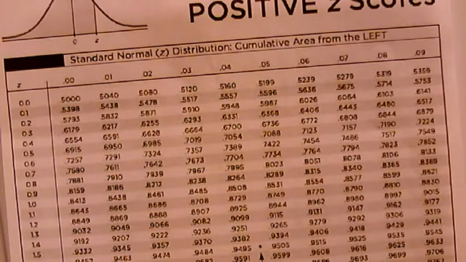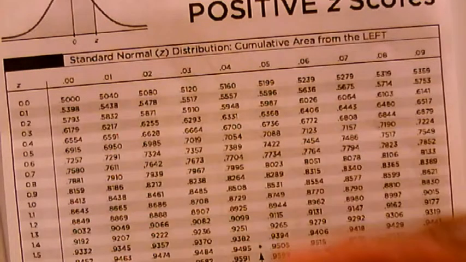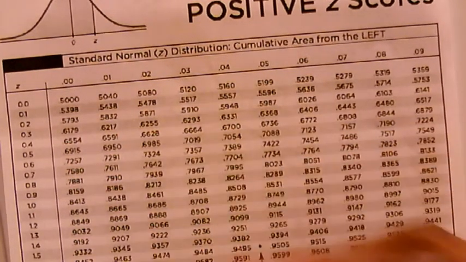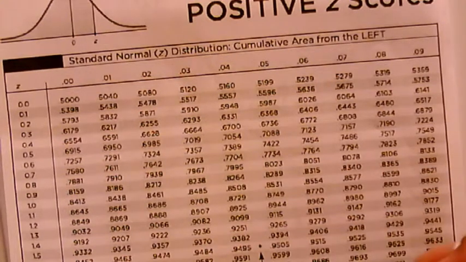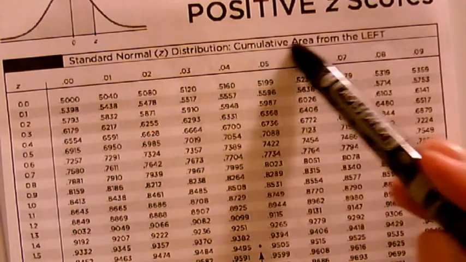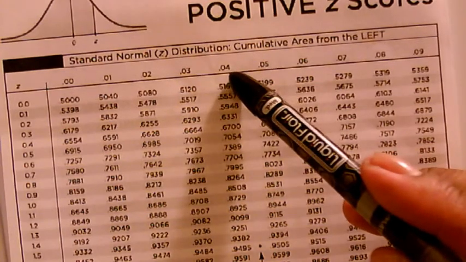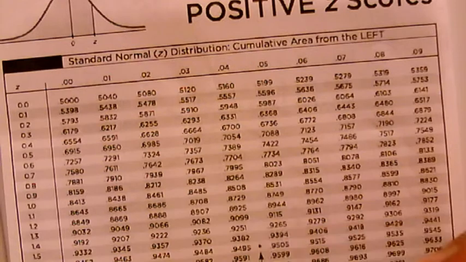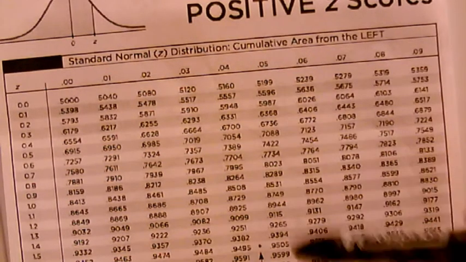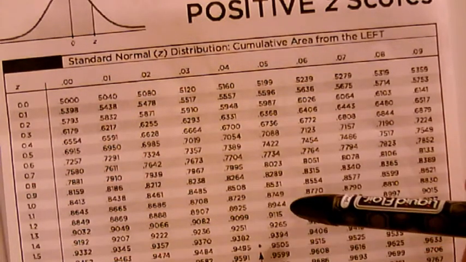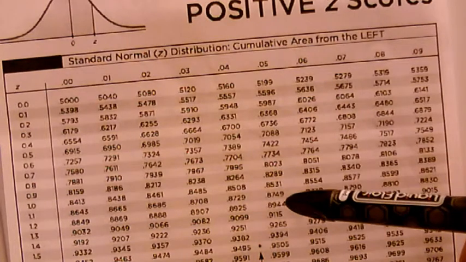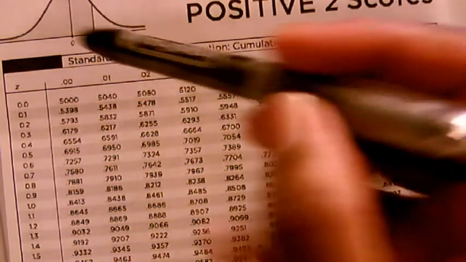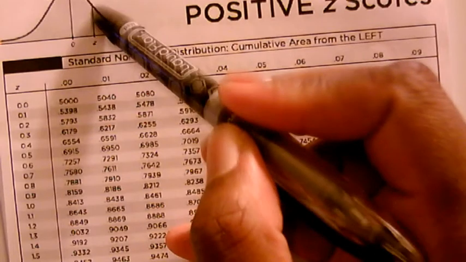Each decimal value that you see in this table represents the body of the table. And this is going to be very important, because at the top it says cumulative area from the left. So these values in the body of the table represent the cumulative area from the left of that vertical boundary. Here's the vertical boundary at z.